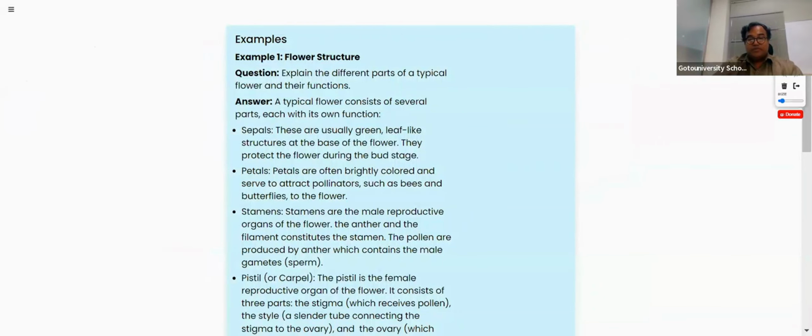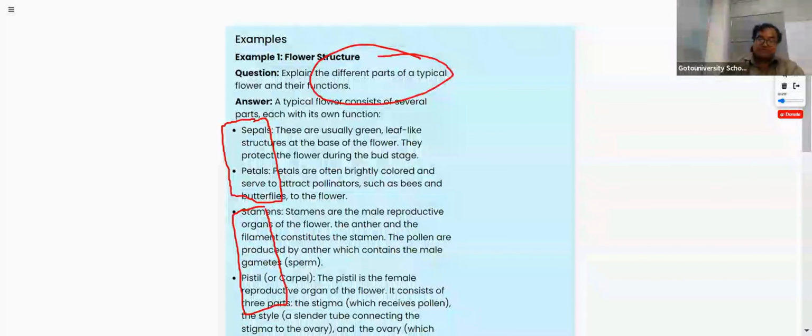If we're talking about the different parts of a typical flower and their function, when they ask, we need to specify that these two are the external surface of the flower. The rest are part of the reproductive structure. What exactly does that mean?